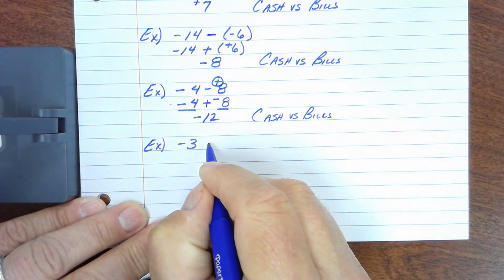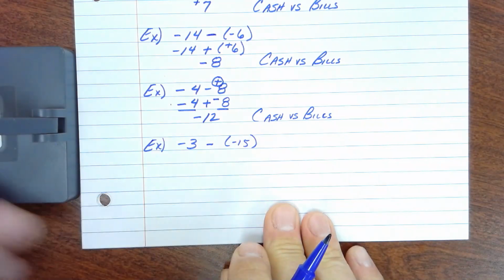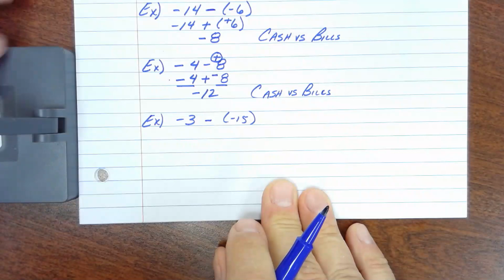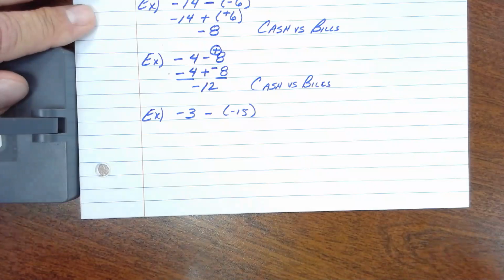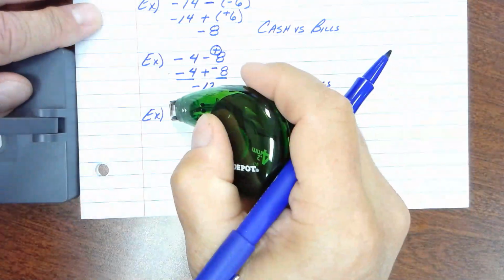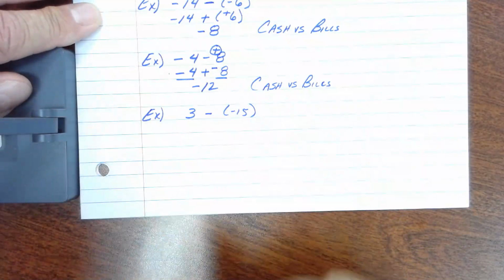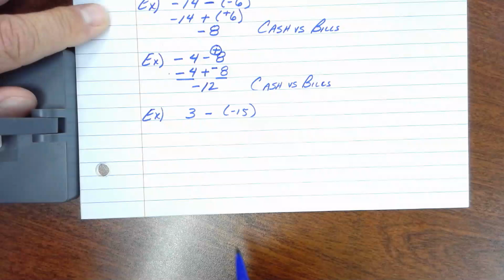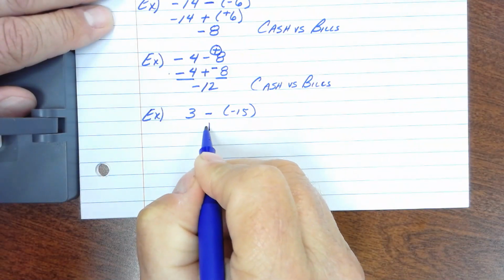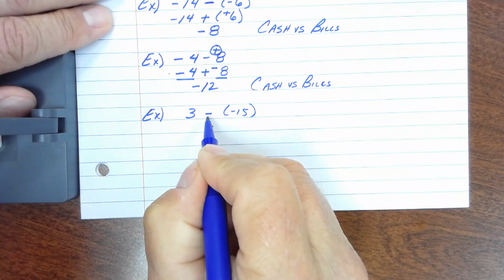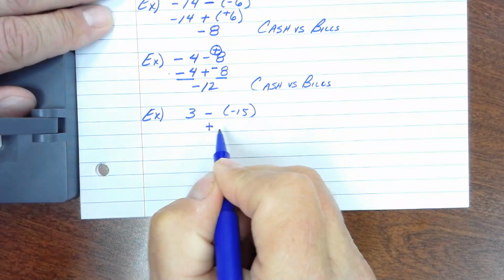-3 minus -15. I apologize. This is supposed to be a +3. +3 minus -15. Again, I'm going to change this to a plus, and I'm going to change the sign.